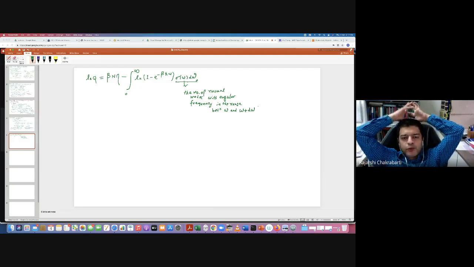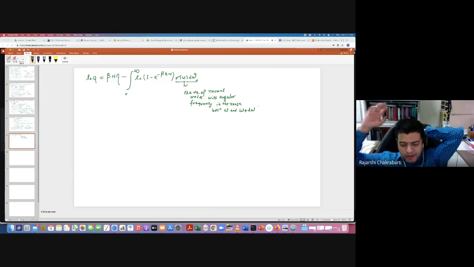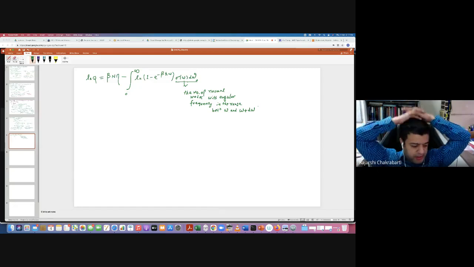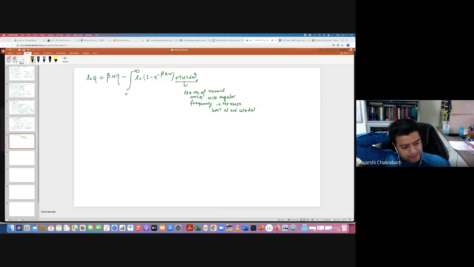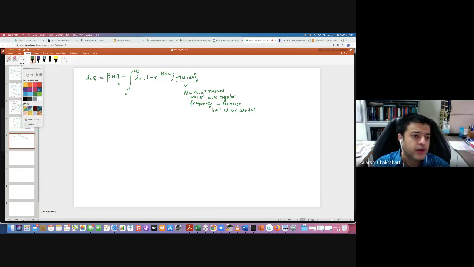So the number of normal modes with angular frequency between omega and omega plus d omega is not constant. That is the whole thing. You understand what I'm saying? So I have to find a way to calculate this sigma omega.